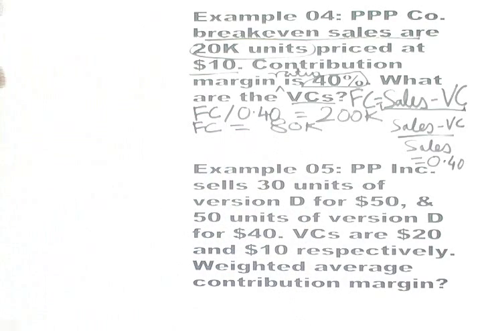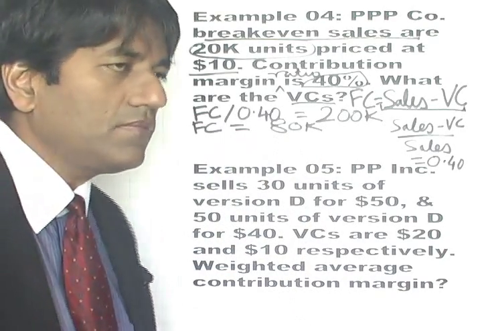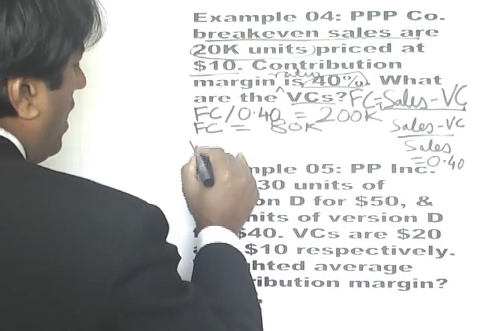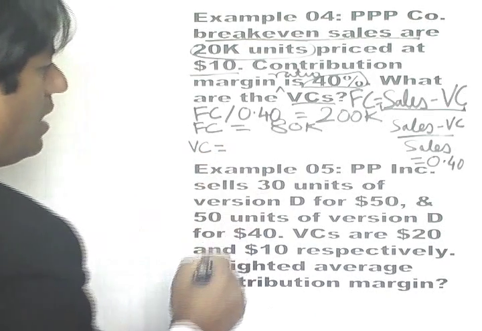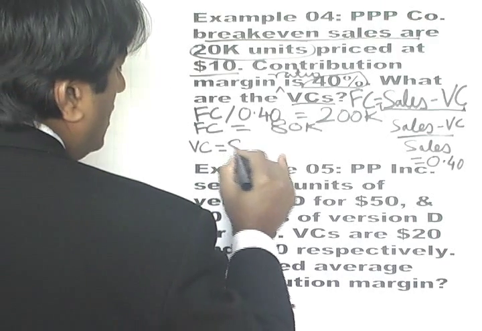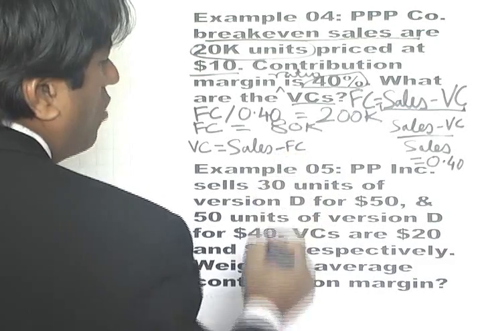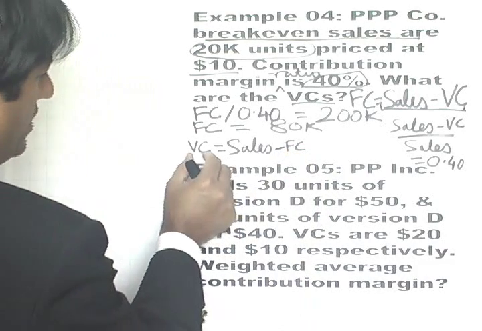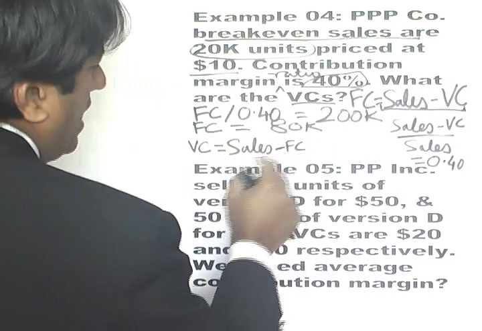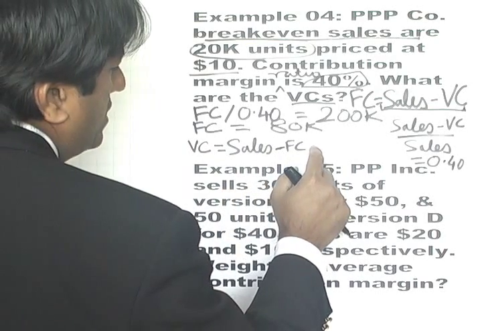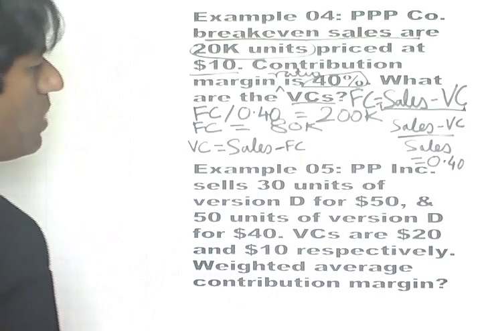Now variable costs equal sales minus fixed costs when profit is 0, because you take variable cost to this side, so sales minus fixed cost minus variable cost equal to 0.